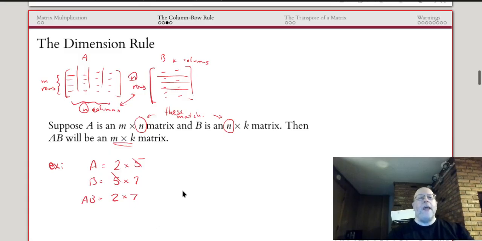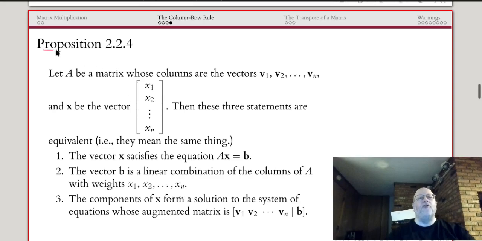The other theorem we have in the book is called proposition 2.2.4. If I have a matrix A that has vectors for its columns, v1 through vn, and x is a vector that contains the weights x1 through xn, then these three statements all mean the same thing. They're just three different ways of saying the same idea. x is a solution to the vector equation Ax = b.